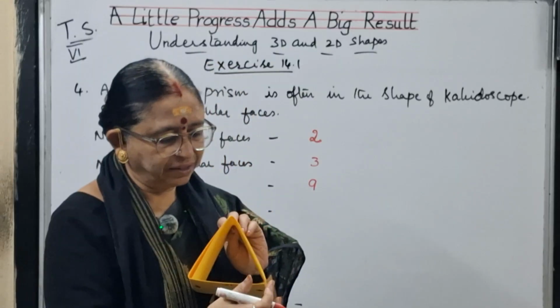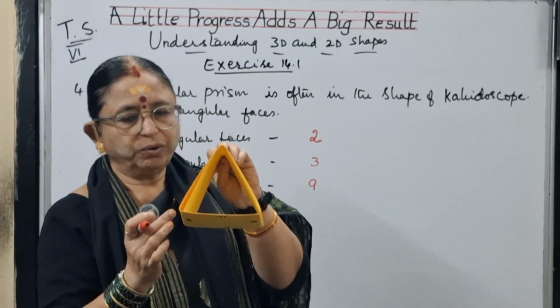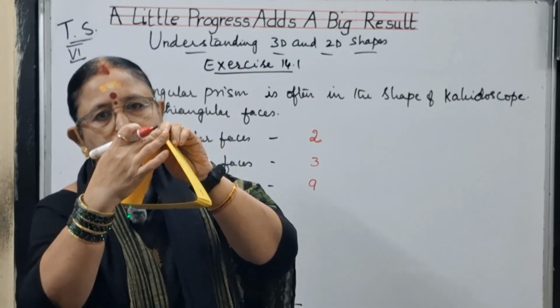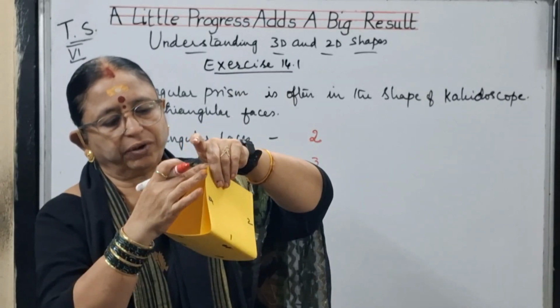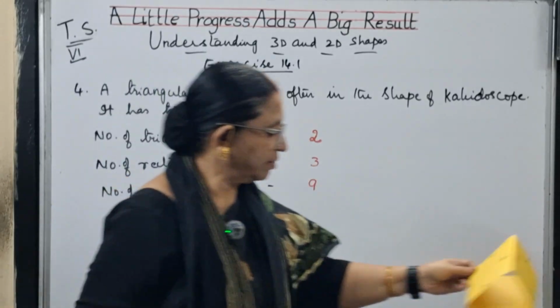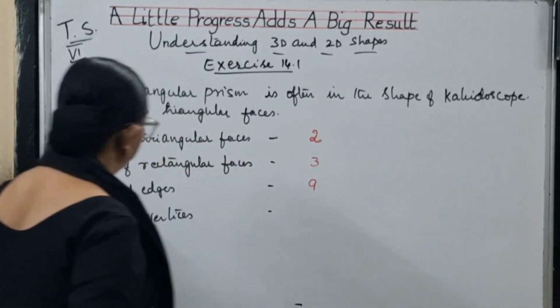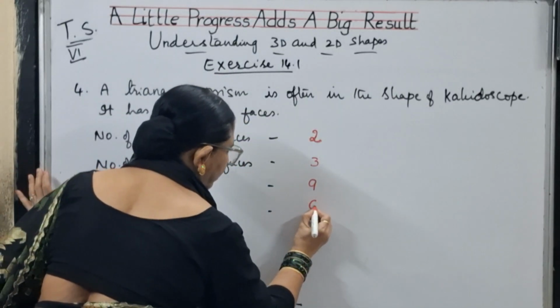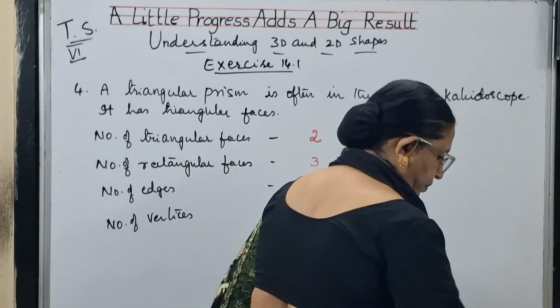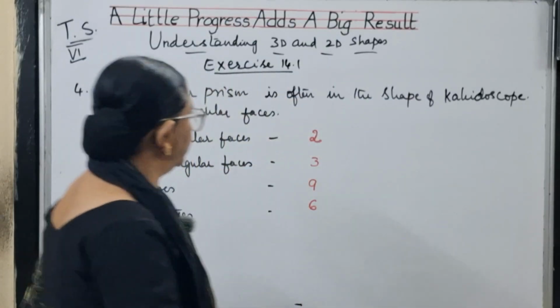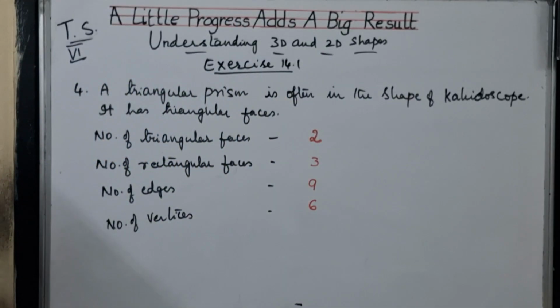How many vertices are there? This is 1, 2, 3. Then 4, 5, 6. 6 vertices are there. So we will be writing the vertices as 6. So this is the fourth problem, children. With this, the 14.1 exercises are completed.